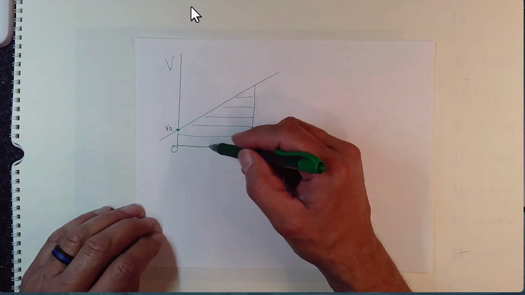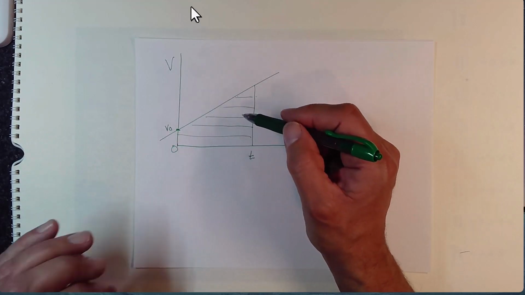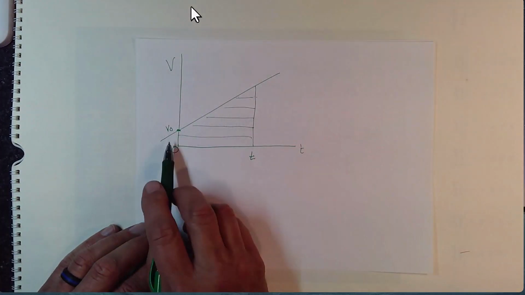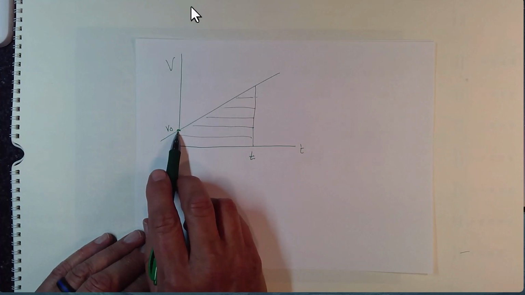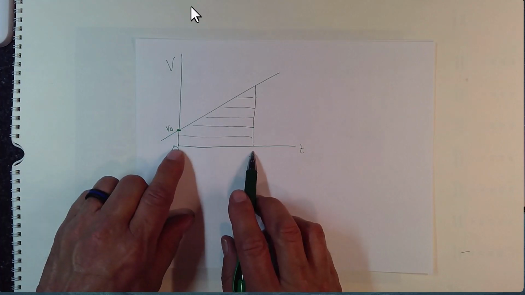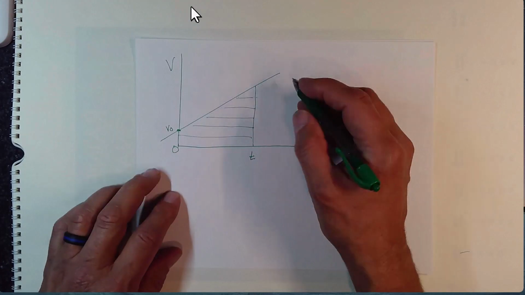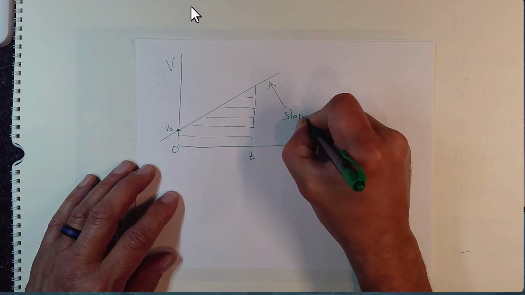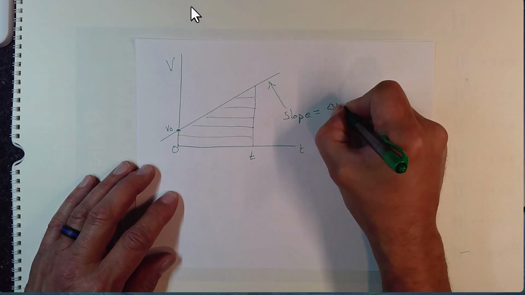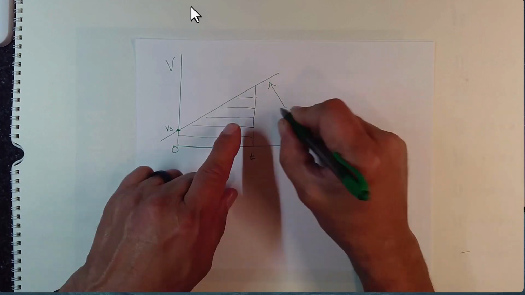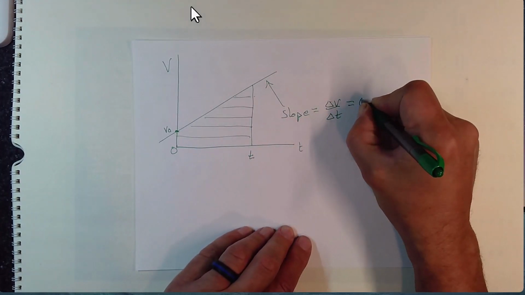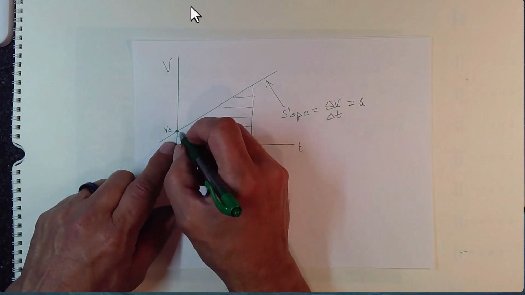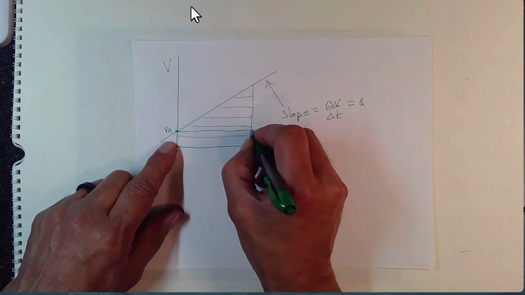And by figuring out what that area is, we'll come up with an expression for the displacement that involves the initial velocity, the time that's passed, and the slope of this graph. And the slope of this graph is equal to delta v over delta t. It's a constant slope. That's the acceleration. Well, let's see. How much is this going to be here? Let's calculate the area.